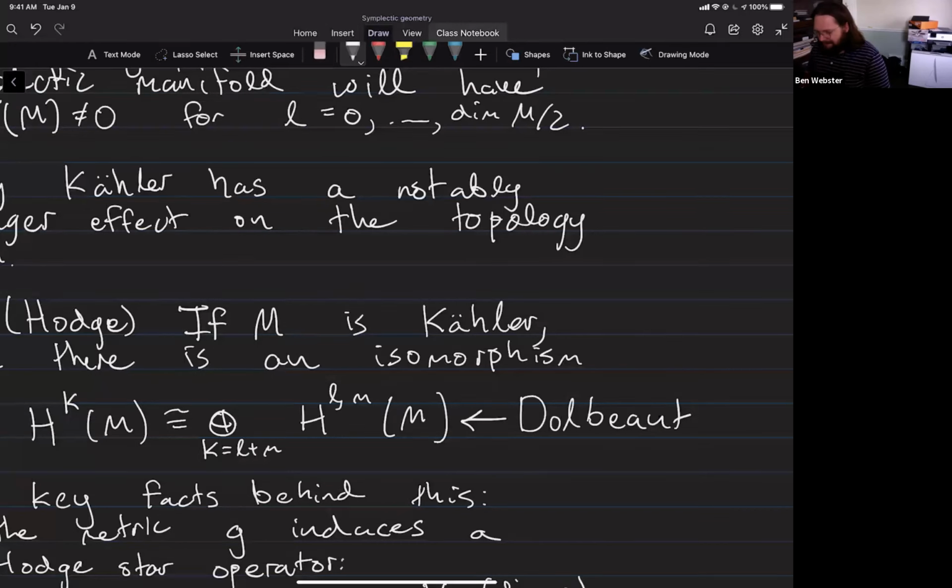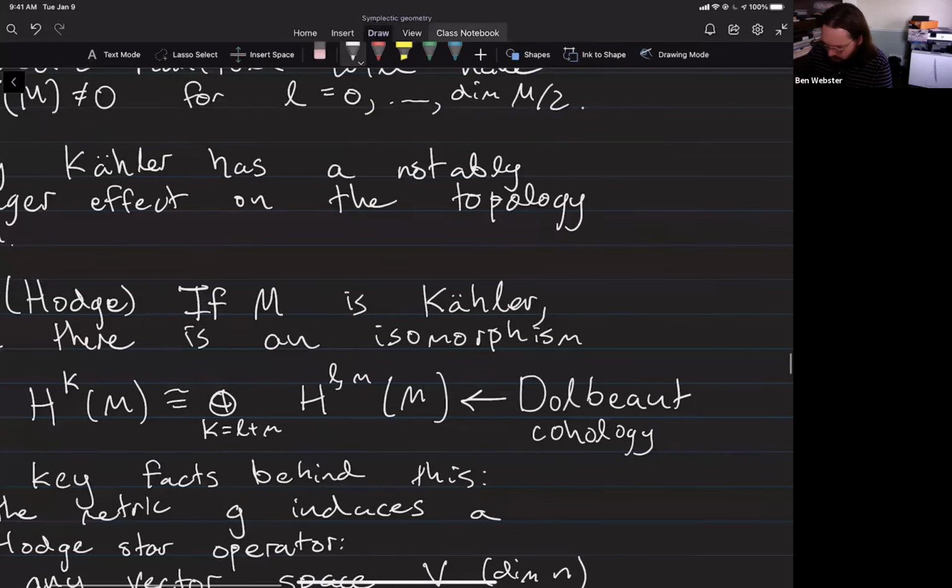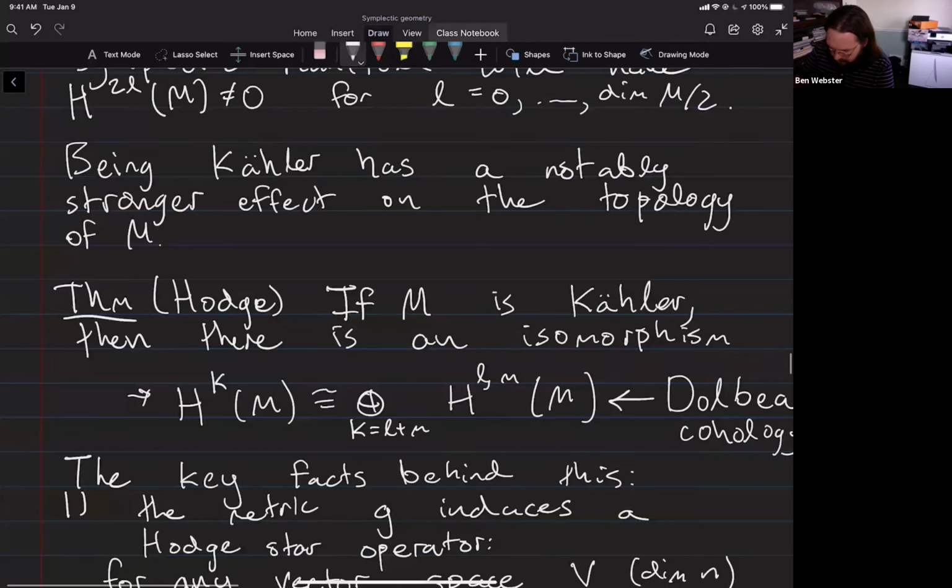Dolbeault, great. So on one side I have Dolbeault cohomology, and on the other side I have the usual de Rham cohomology. And these things are, for a Kähler manifold, effectively the same.